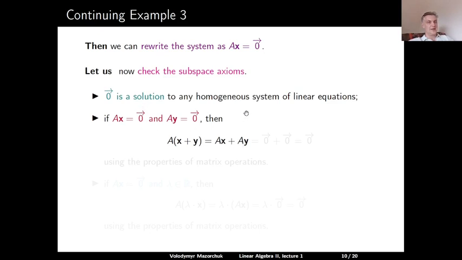But we know that Ax is a zero vector and Ay is a zero vector, so we get 0 plus 0, which is equal to the zero vector. And here we use the properties of matrix operations.